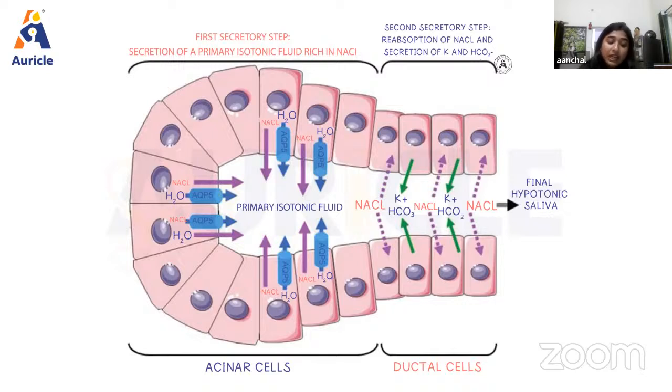As a result, the saliva becomes less hypotonic, meaning there will be more sodium and chloride and less potassium and bicarbonate. Right? So I hope the whole mechanism of saliva secretion is very clear to the students.